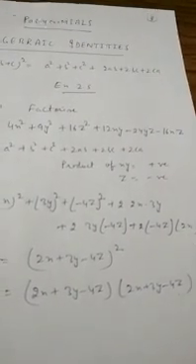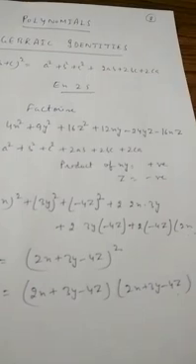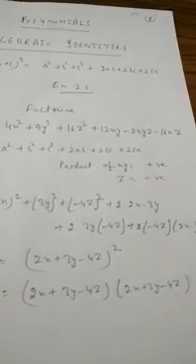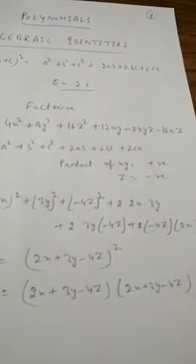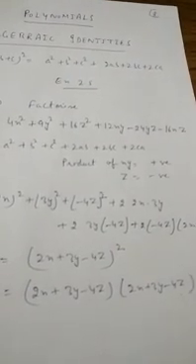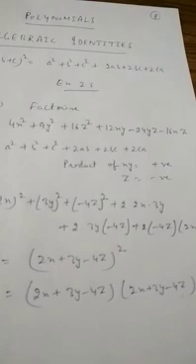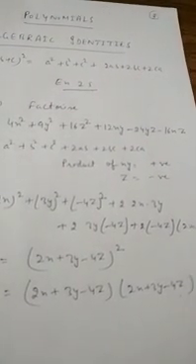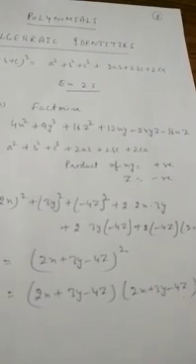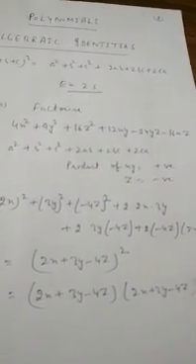And you should also check that this is equal to the given expression. 2 into 2x into 3y becomes 12xy. 2 into 3y into minus 4z becomes minus 24yz. 2 into minus 4z into 2x becomes minus 16xz. It means it is okay.